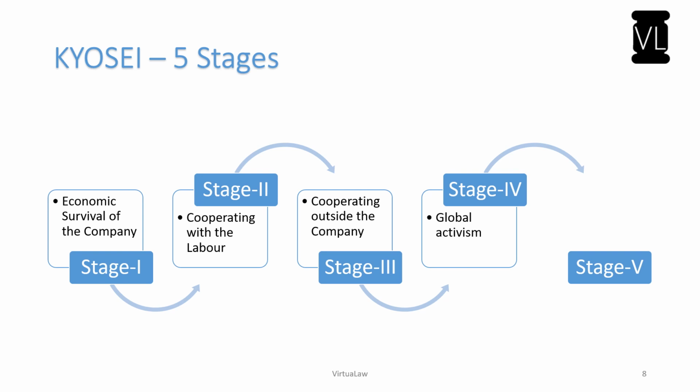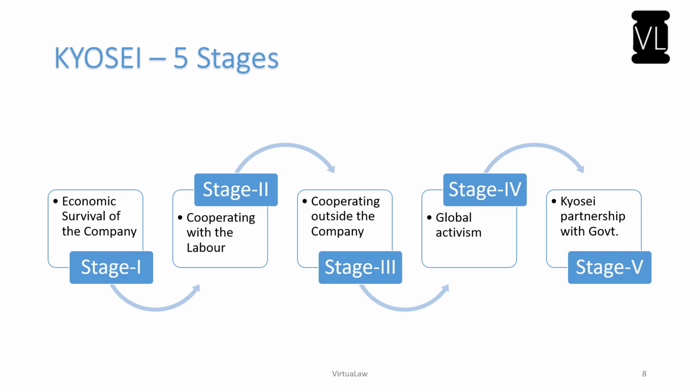And then after the global activism, the final stage, which is very rare, is the government itself will become a partner, a KOC partner with your organization. So this is very, very difficult. However, that is the final stage which is emphasized in the KOC, which is government becoming a partner with the organization, right?